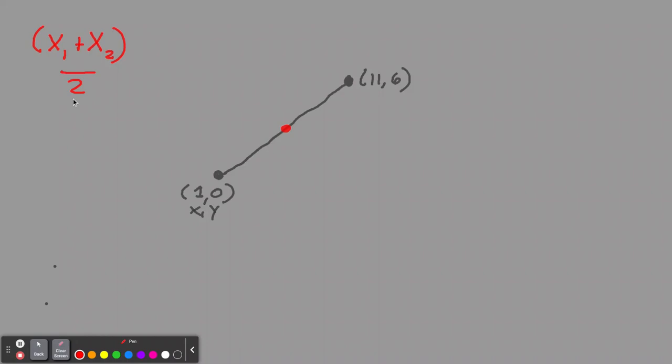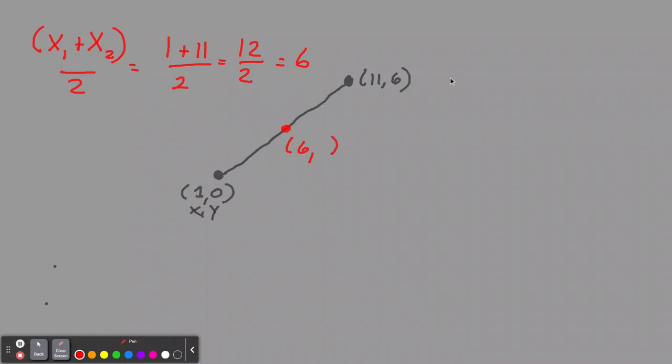That's it. So if we look at the x's we have 1 plus we have 11. Now we could have used 11 plus 1, right? Doesn't matter. And we divide it by 2, so this is going to be 12 divided by 2. And we know it's 6. So on the graph, the x of the middle would be 6. But we don't know the y yet.